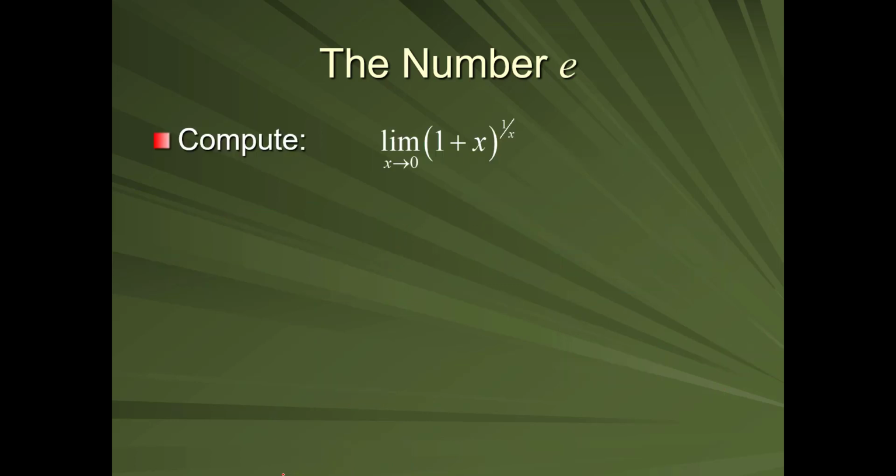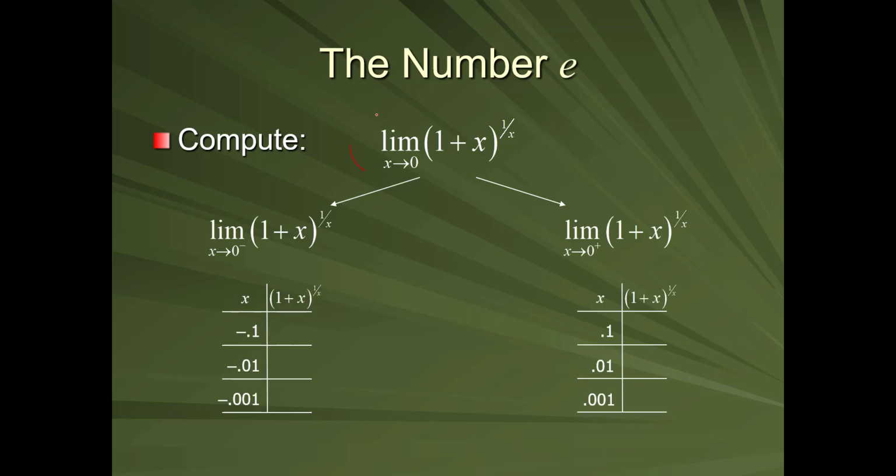But let's take a look at how the mathematician Euler developed, or discovered, the natural number in the past. Right here, using this limit as x approaches 0, he was able to discover the approximate value of the Euler number, or natural number.